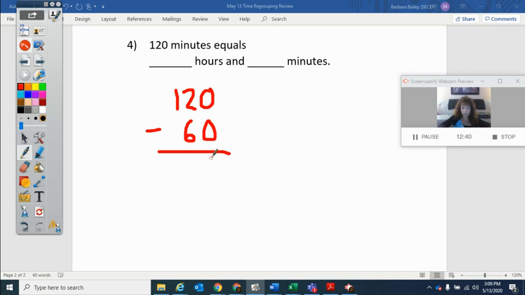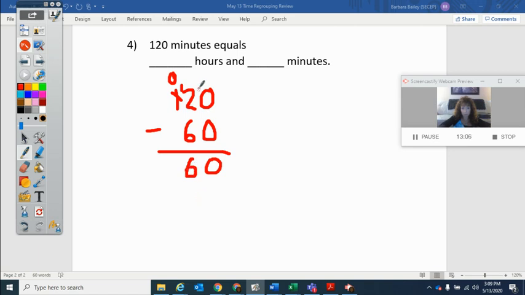0 minus 0 is 0. 2 minus 6, well, I'm going to have to borrow because I cannot take 6 away from 2. That's 0. Make that a 1. So 12 minus 6 is 6.